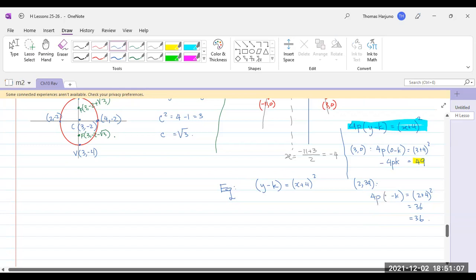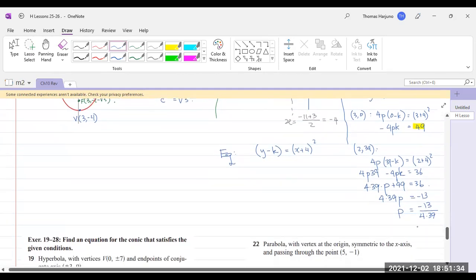So it should look like this: 4p times 39 minus 4pk. So 4 times 39 times p, my bad, plus 49 equals 36. So 4 times 39p equals negative 13. So p equals negative 13 over 4 times 39. I cancel this, I get 1/3, so this is negative 1 over 12.